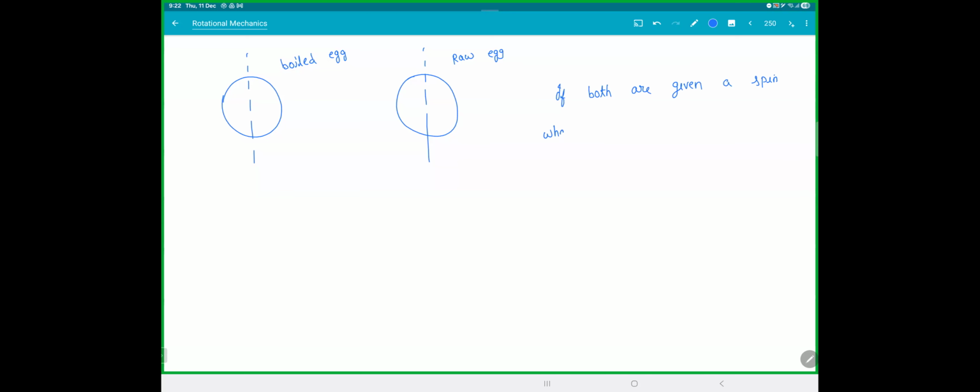What happens to their omega? Will it remain constant? Will it increase? You took an egg and gave it some omega. After 1 or 2 seconds, if you observe the egg, will it still go faster or will it go with the same speed?